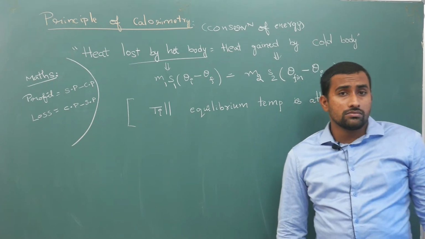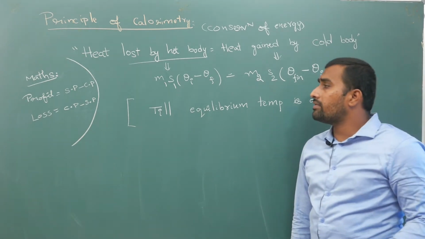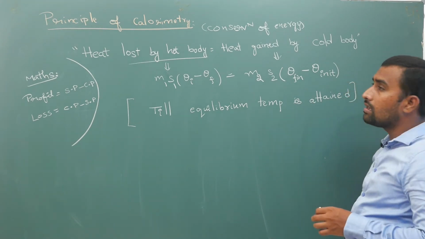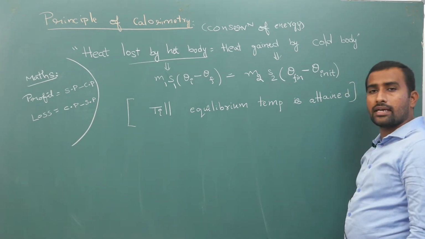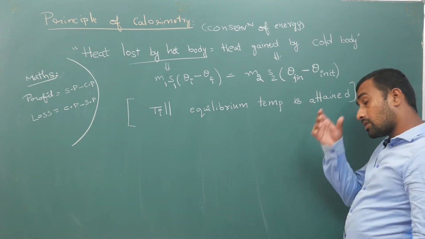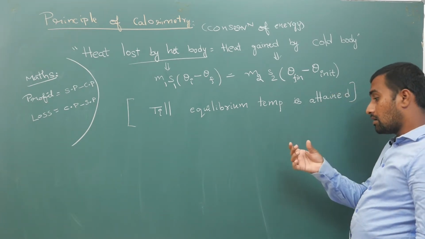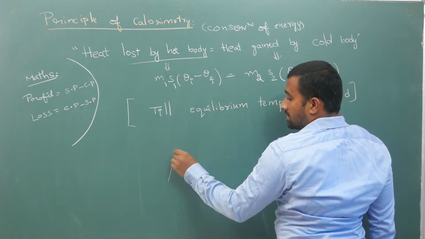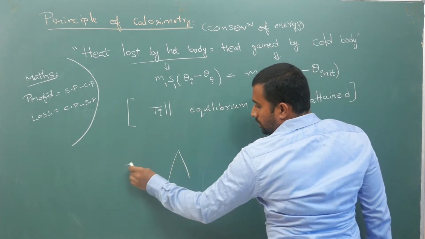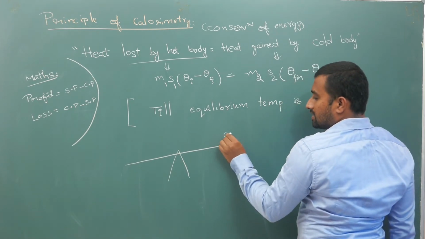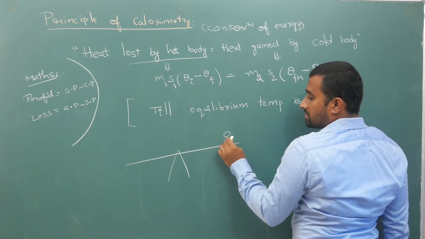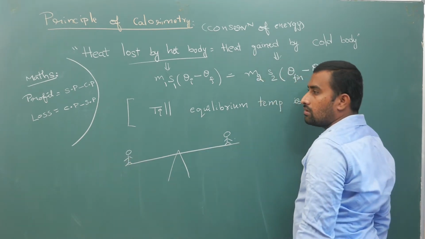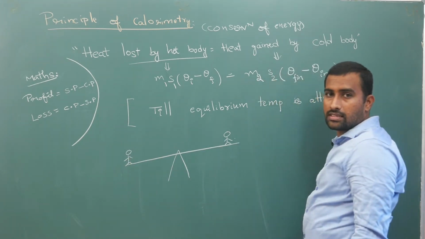Now I can give an example. Who will initiate, I mean whatever process will initiate, it is the hot body, because the hot body has high energy. So I will put it in an example manner. Let us say you have some person standing here, another person standing here on the edge of a pole, in some imaginary situation like this.